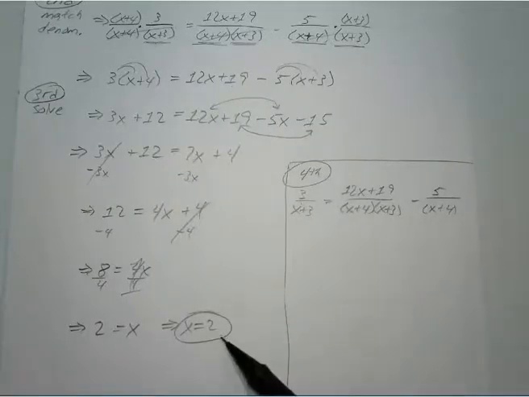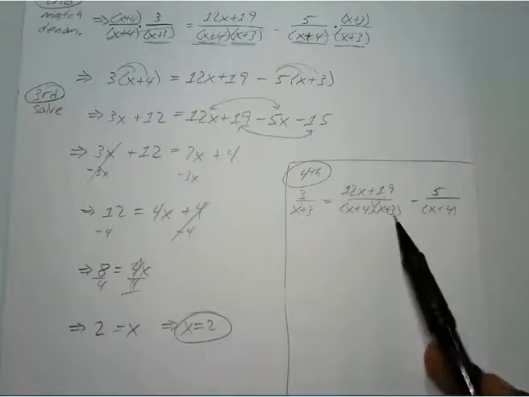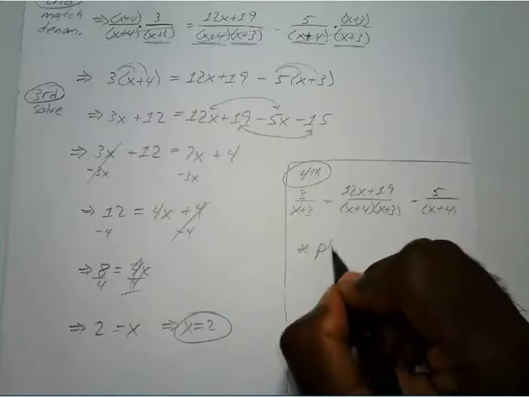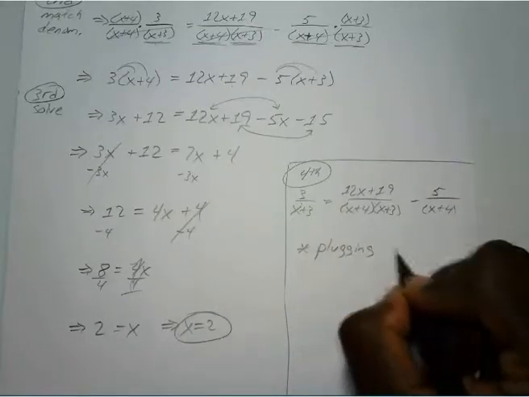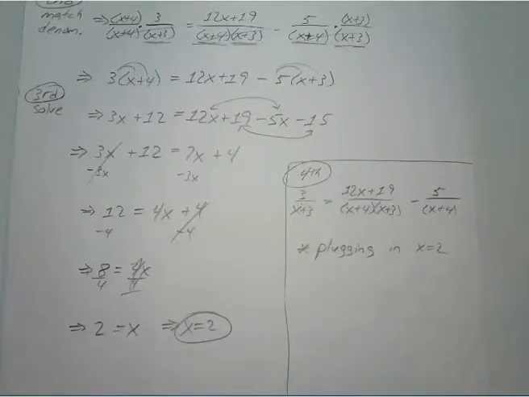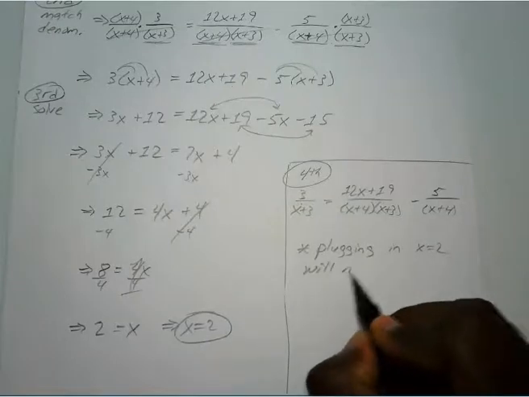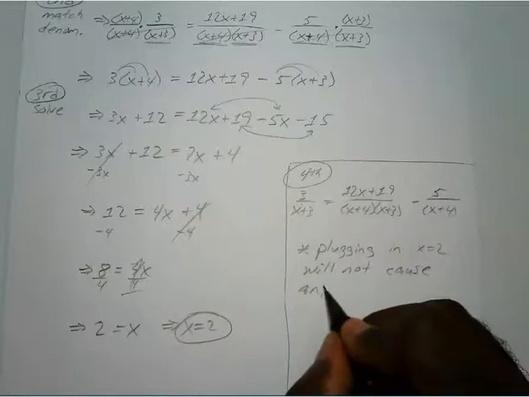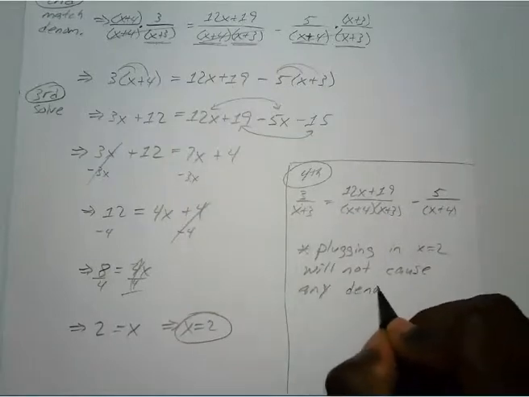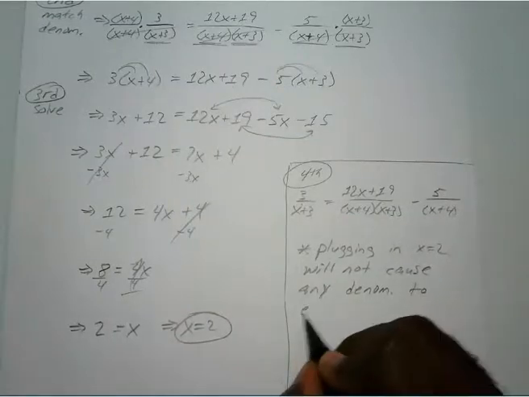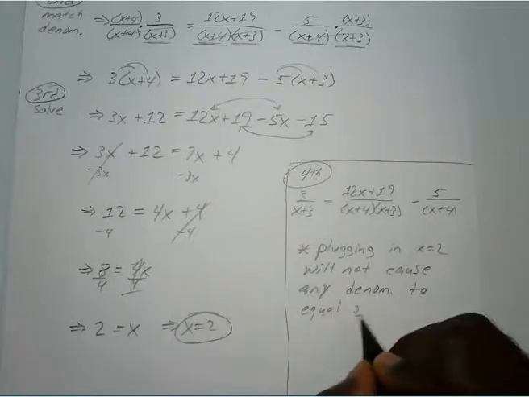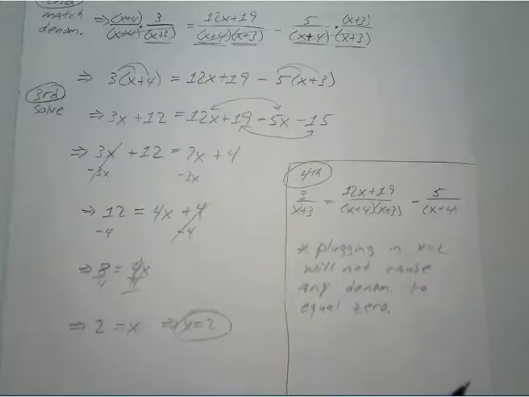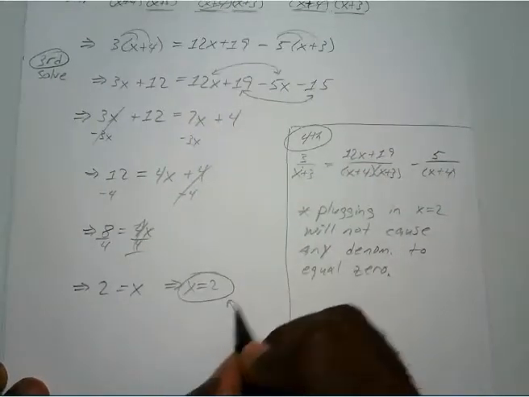We can see if we plug in x equals 2, none of those denominators will become 0. Okay, so plugging in x equals 2 will not cause any denominators to equal 0. Okay, so we know that x equals 2 is a valid solution.